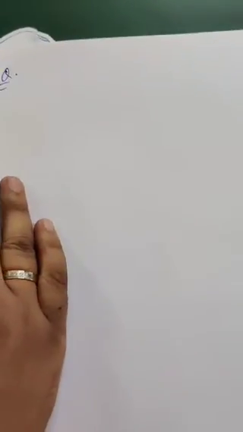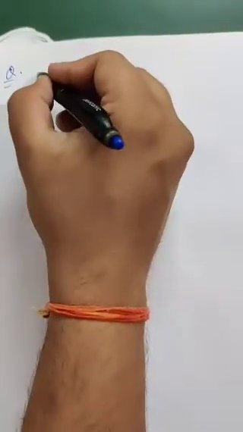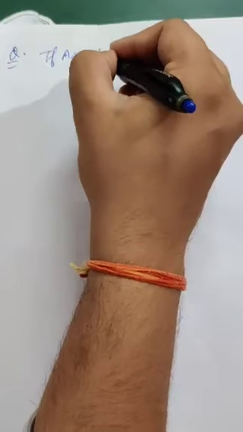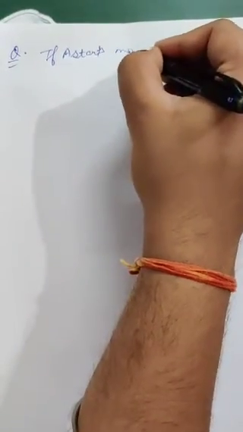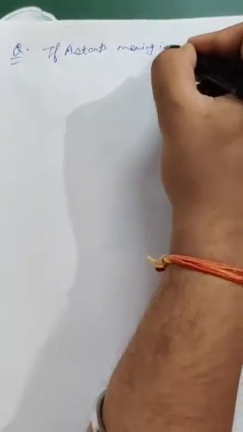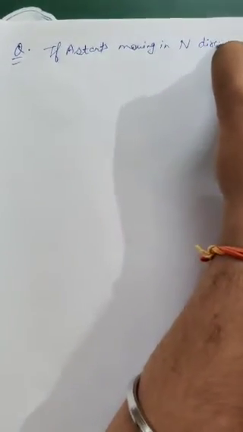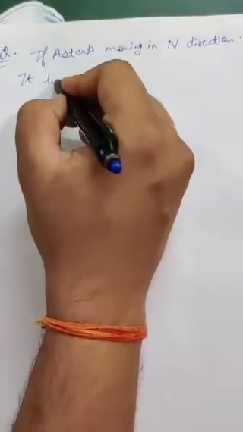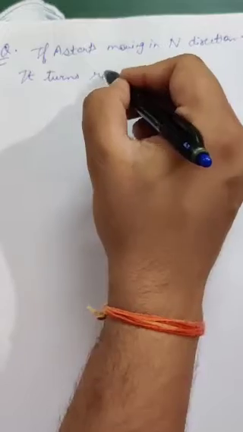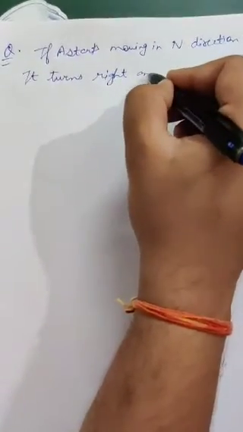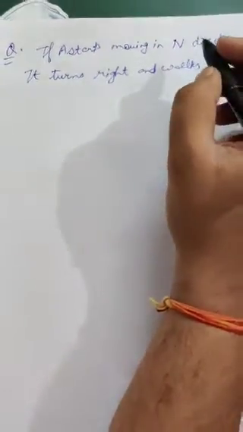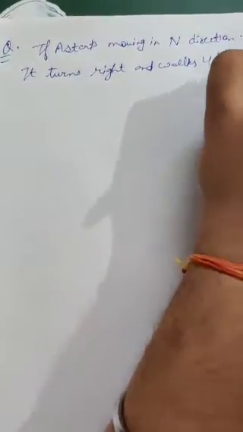Now see a few questions. For example, the question is: if A starts moving in the north direction, then it turns right and walks 4 kilometers.